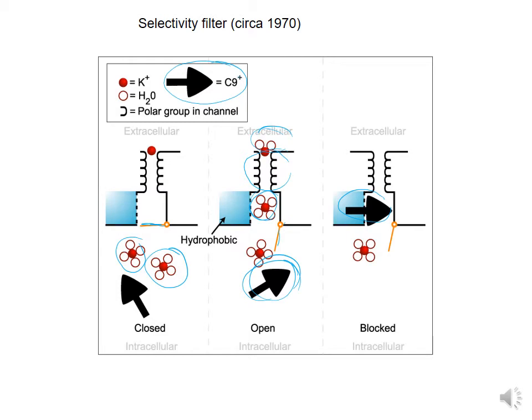So the idea here is that these channels would have this very large vestibule that would be able to accommodate relatively large ions such as these triethyl ammonium ions. So the question here is in regard to this selectivity filter: how is this selectivity filter able to discriminate potassium over other ions such as sodium?